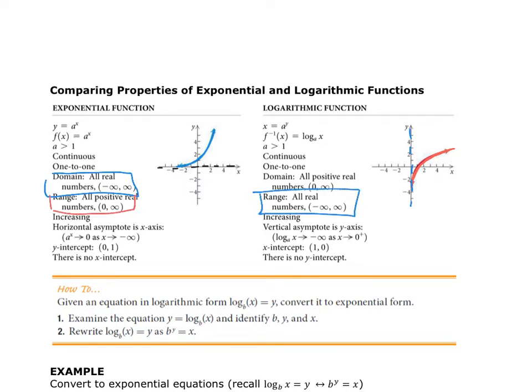The range of 0 to infinity becomes the domain. They're both continuous, they're both 1 to 1, they're both increasing. The asymptotes switch. There is no x-intercept on my original exponential, which means there's no y-intercept on my log. And I do have a y-intercept on my exponential, which means I have an x-intercept on my log.